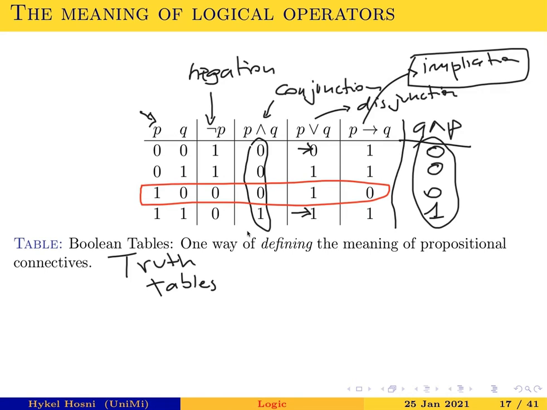For example, for conjunction, if there are two true propositions, then it's true. So you don't know the.